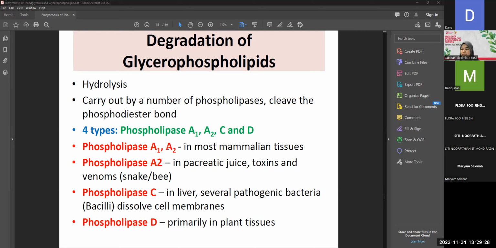We do have this enzyme. Phospholipase A2 also can be found in pancreatic juice, toxins, and venoms, from snake or bee. Phospholipase C can be found in liver and also in several pathogenic bacteria that can dissolve cell membranes. Phospholipase D is special: it can only be found in plant tissues.